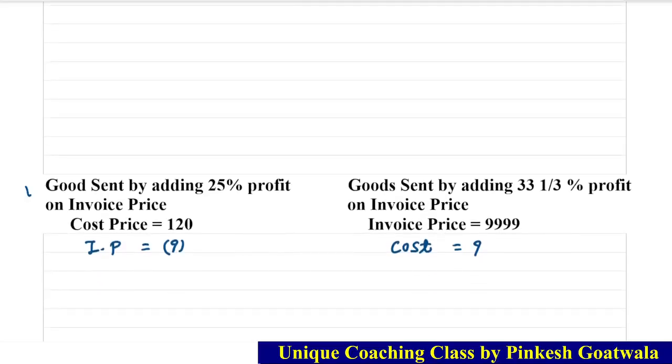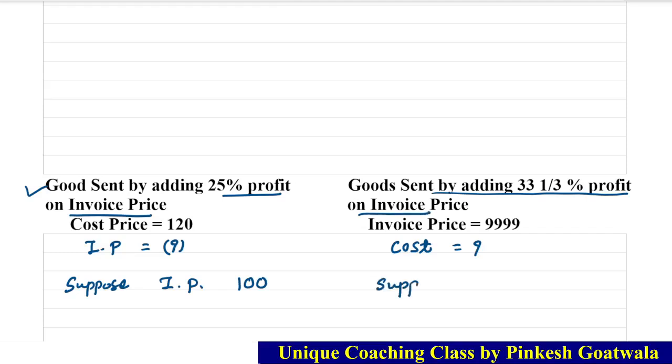Now here goods sent by adding 25% profit on invoice. On which is the profit? On invoice. So here we should suppose invoice price 100. Clear? Goods sent by adding 33 1/3% profit on invoice. Here again invoice, so we should suppose invoice price 100.